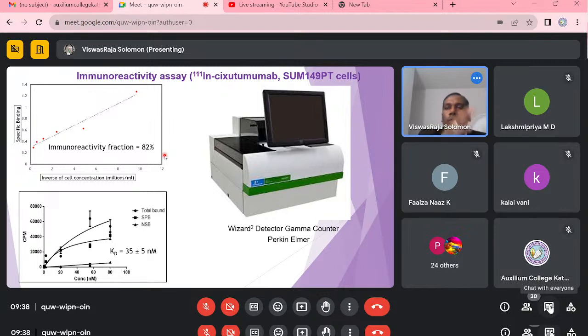We express activity in various units. The high amount is called gigabecquerel, and very low amounts are called kilobecquerel or nanocurie. That's why this instrument is able to detect even a very trace amount of activity in the cells.